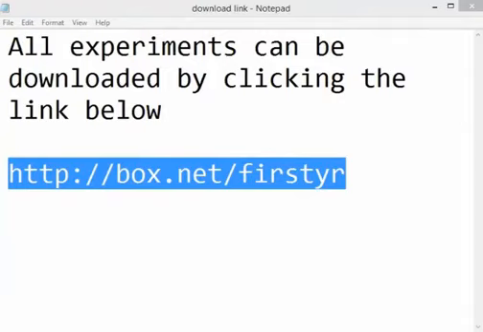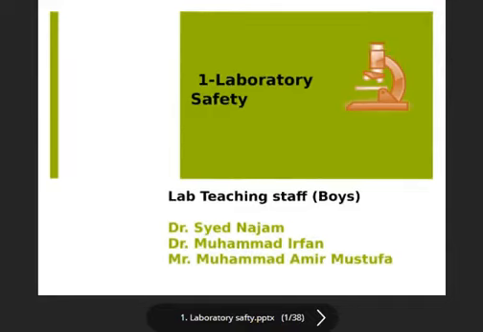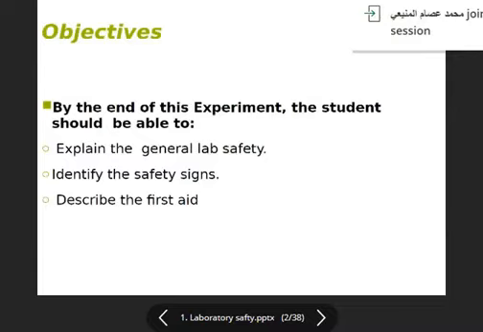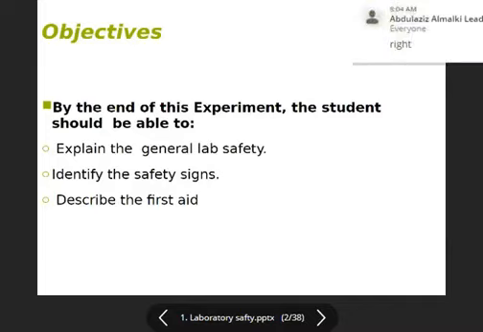Today we will perform two experiments. First experiment name you can see on the screen. It is laboratory safety. This is our first experiment. Dear students, you have done this experiment in your biochemistry also, so there should be no problem and it should be a very easy session.